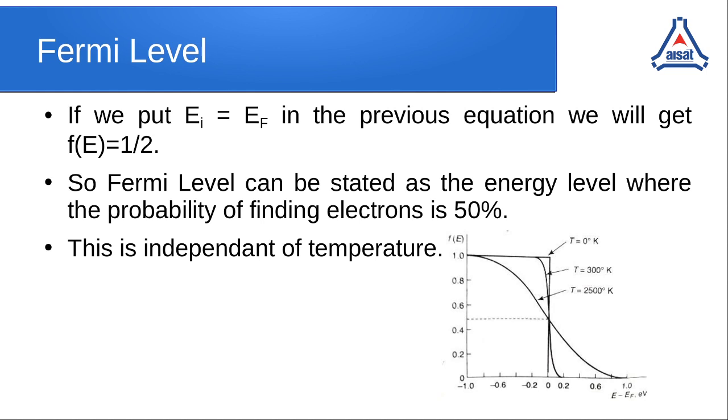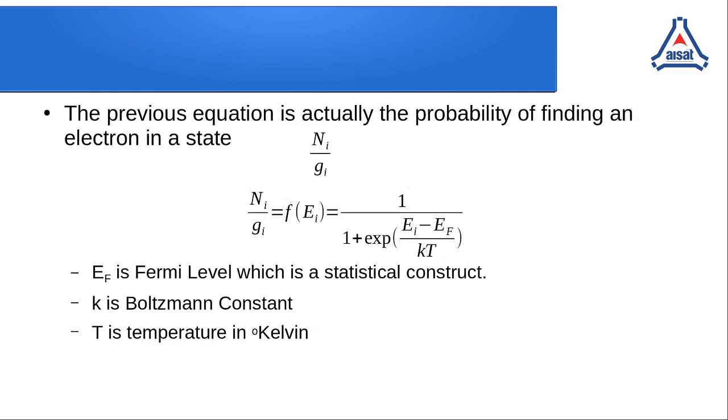Now if we put Ei is equal to Ef in the previous equation, we will have the term inside the bracket of the exponential as 0. E raised to 0 is 1. Anything raised to 0 is 1. So this equation becomes 1 by 1 plus 1, which is 1 by 2.